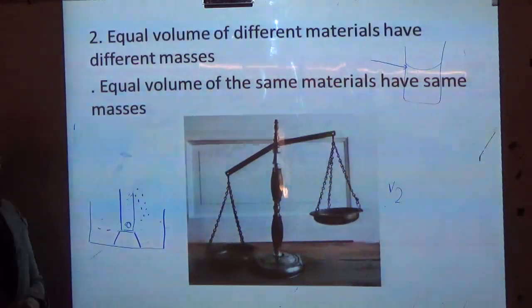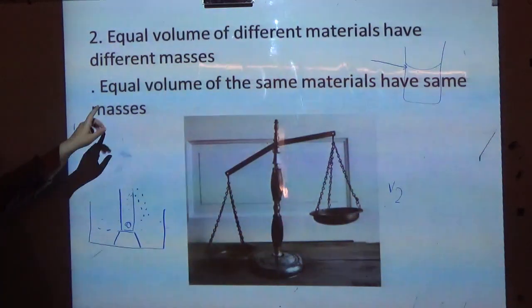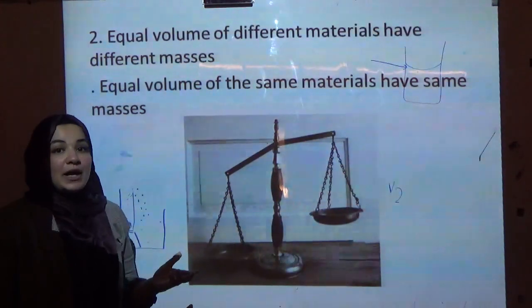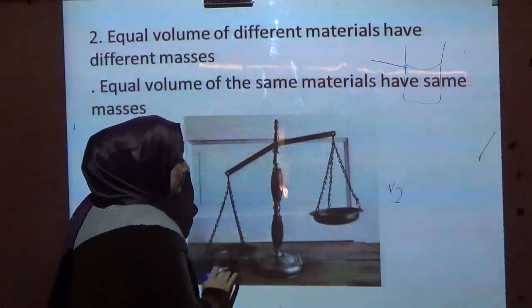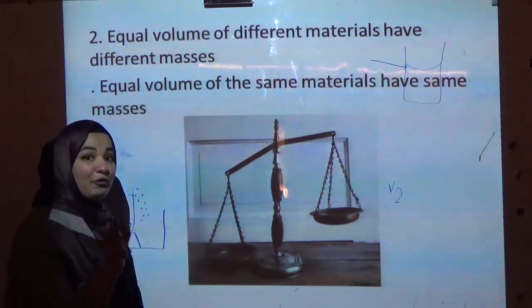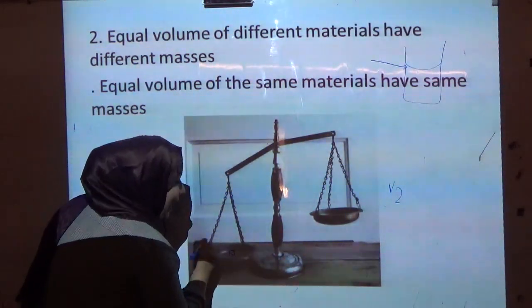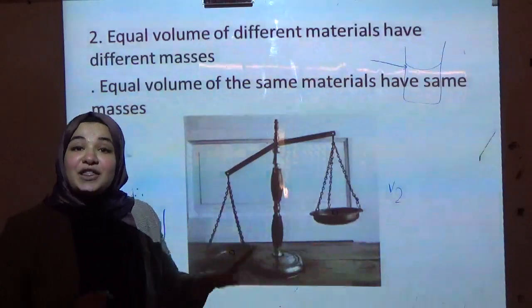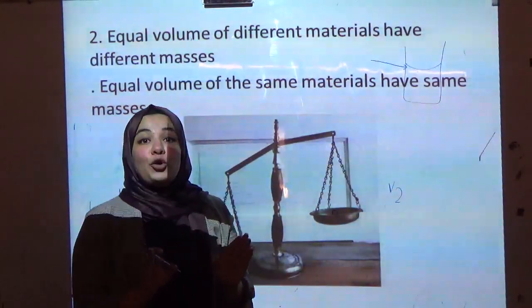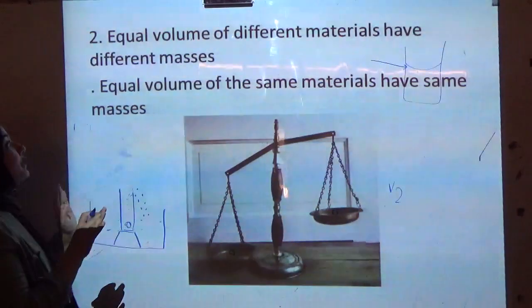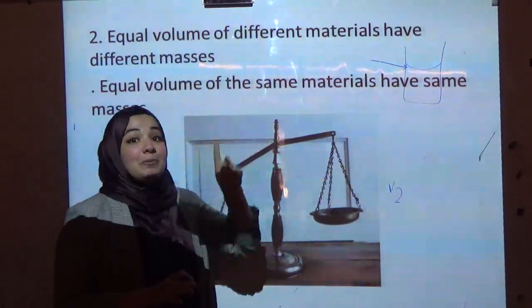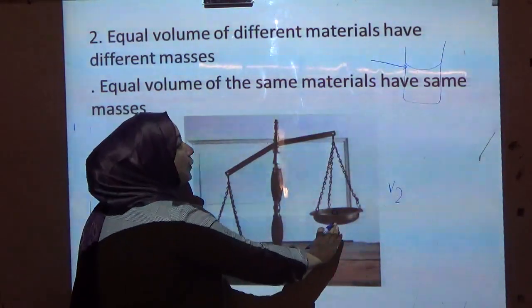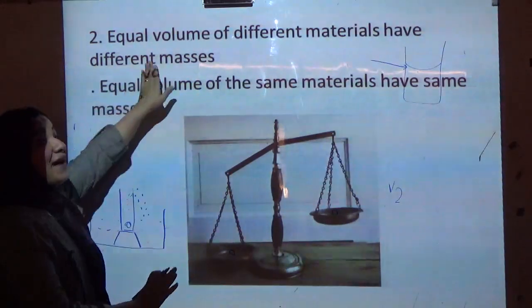Now, I have another note. Equal volumes of different materials have different masses. What is meant by this? If I put the same volume of iron and wood on a balance, they have the same volume, but they are different in masses.